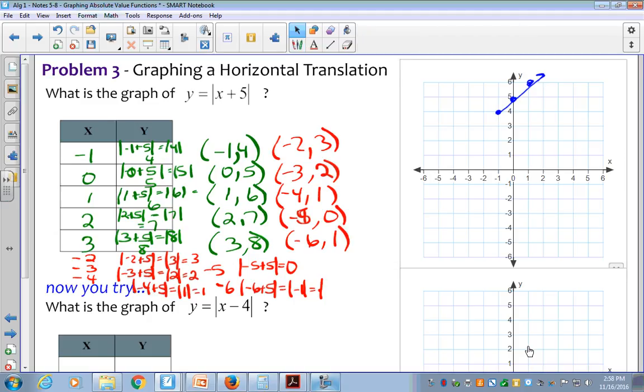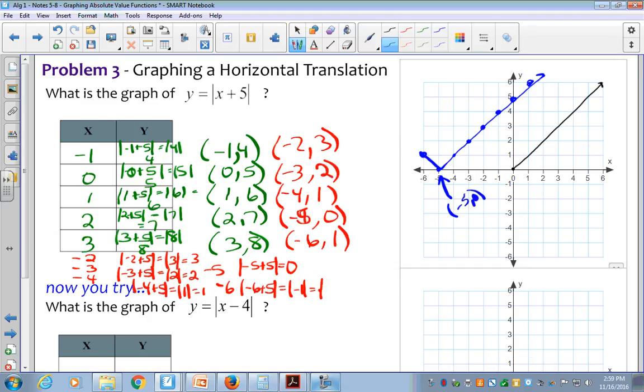Let's go ahead and add those points to our graph, the ones in red. -2, comma 3, -3, comma 2, -4, comma 1, -5, comma 0, and -6, comma 1. So here is where the corner is. The corner is at -5, comma 0. The parent function, the corner is at 0, 0 for the parent.